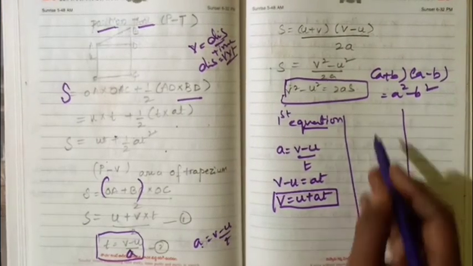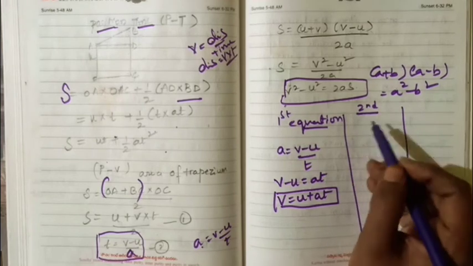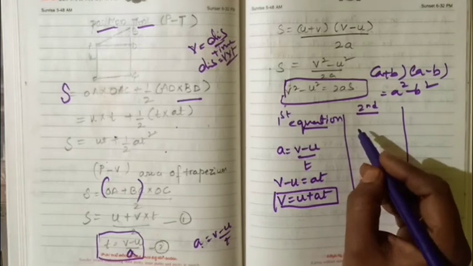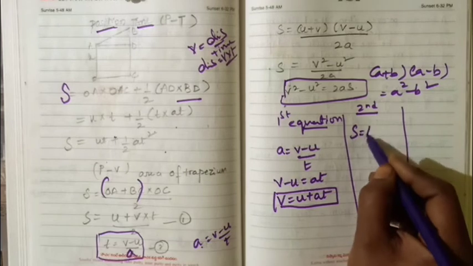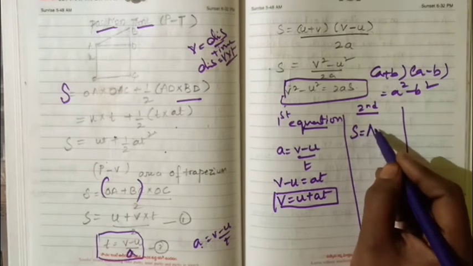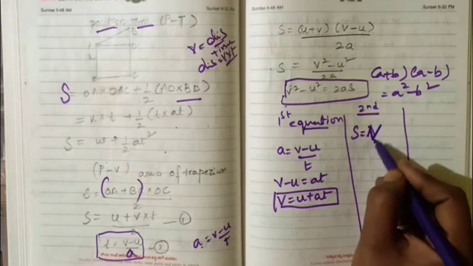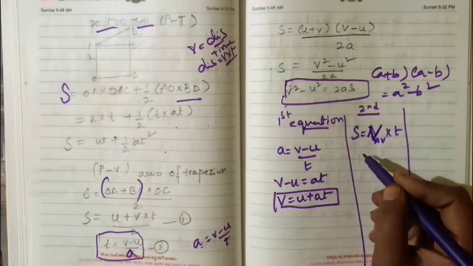Then coming to the second one, we have to take distance is equal to average velocity into time.